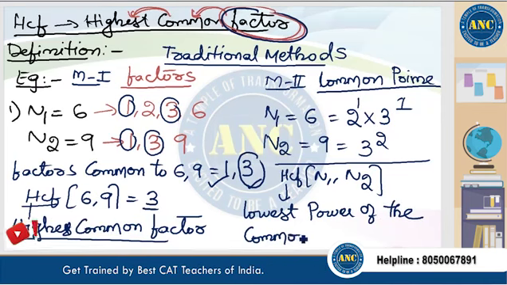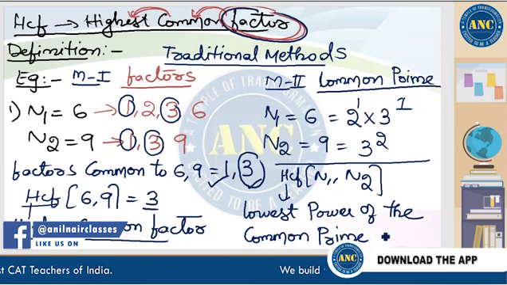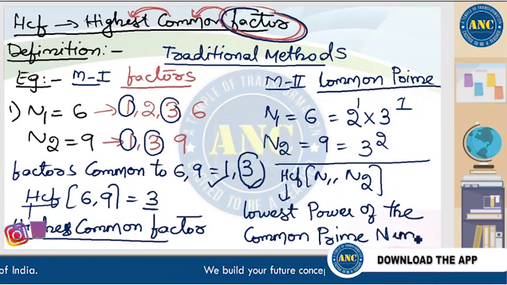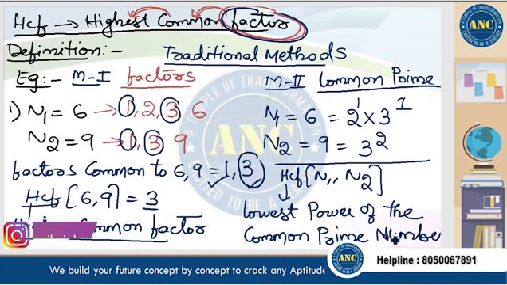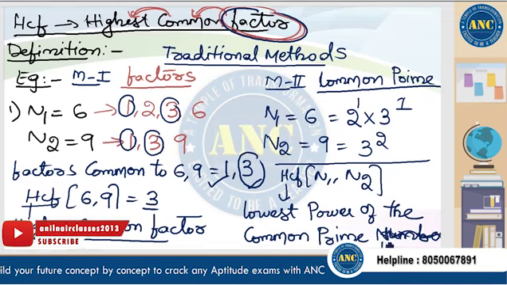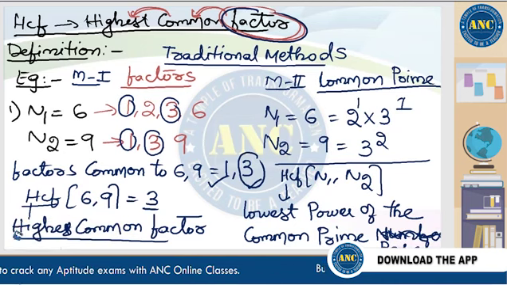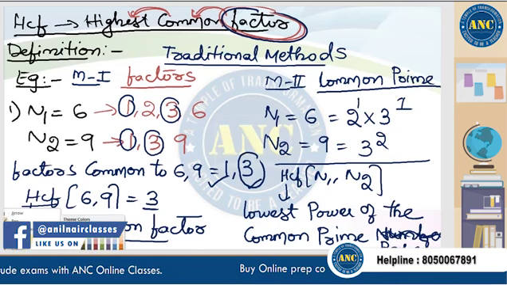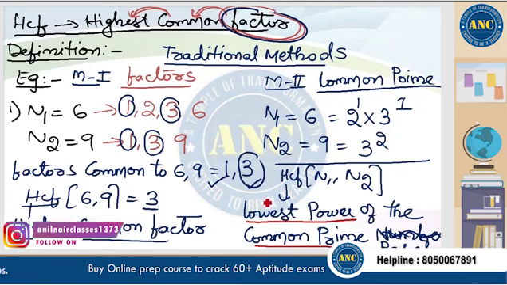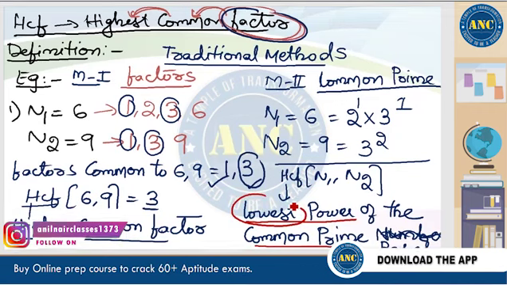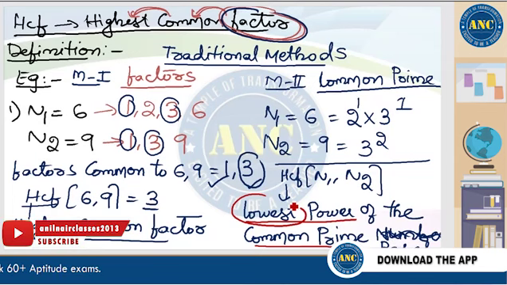HCF of given numbers is nothing but the lowest power of the common prime bases. Why only lowest? Because the lowest power will automatically be a factor of the given number.